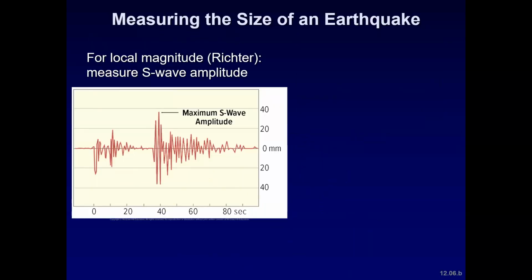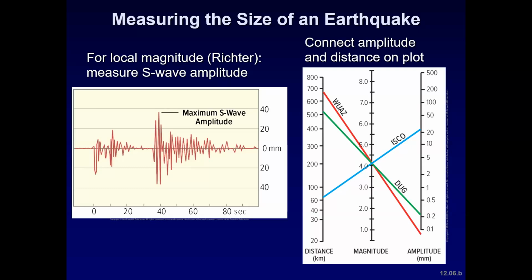How do we measure the size of an earthquake? You've probably heard of the Richter scale. This slide shows one way to measure the size of an earthquake, and that is called the Richter scale. In the Richter or local magnitude earthquake scale, there's a relationship between the distance from the station, the maximum amplitude of the S wave, and the magnitude of the earthquake.